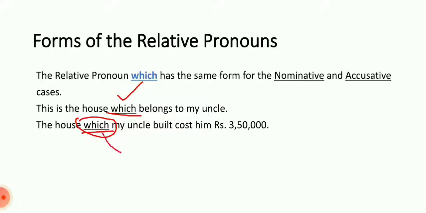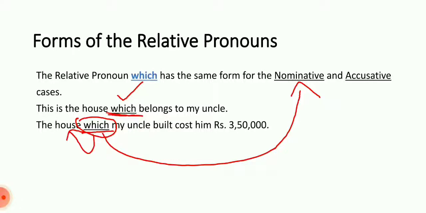In the second sentence here, which is used as the nominative case, as the subject of the verb, and it is relating to the house which my uncle built. And in the first sentence here, which is used as the accusative case. Why is it used as the accusative?